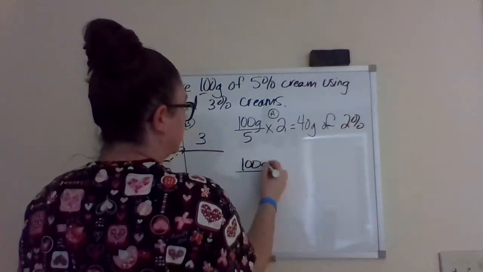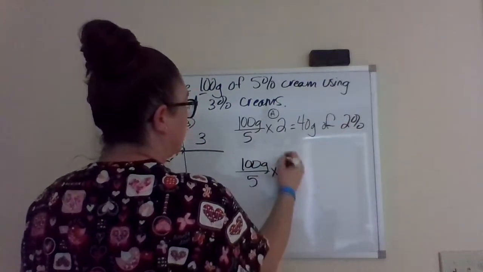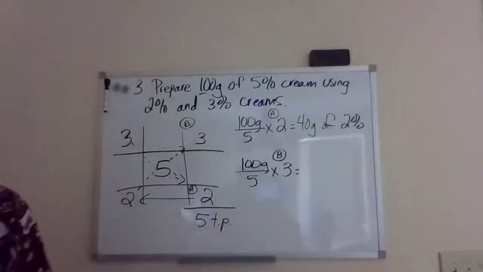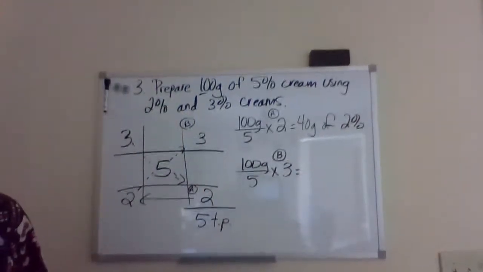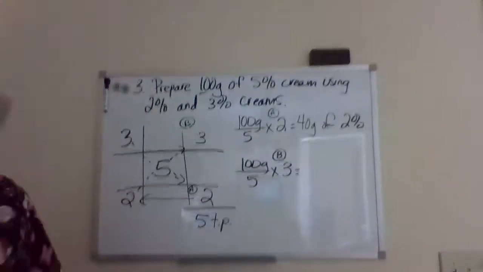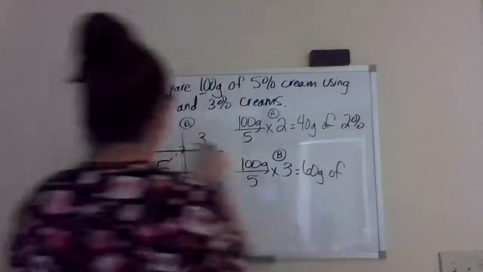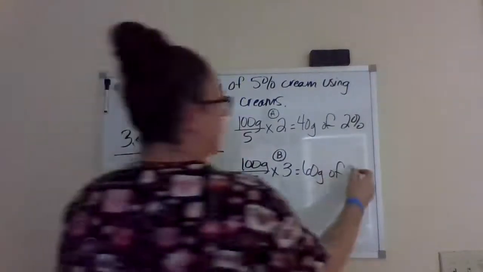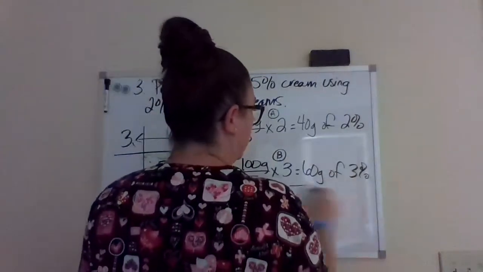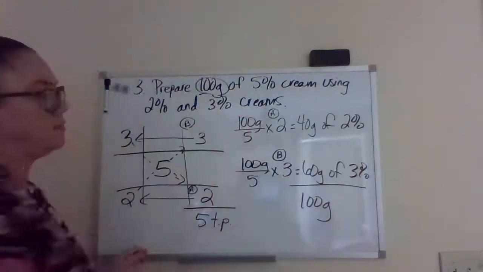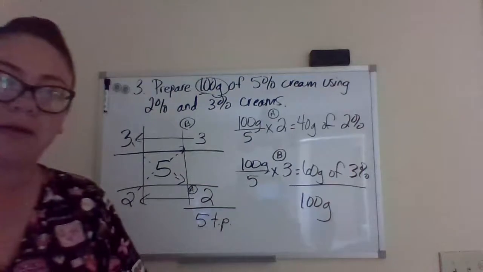Repeat this process, 100 grams over your 5 total parts times B, which is 3. And you get 60 grams of your 3%. Add 60 and 40, and you get the 100 grams that you were trying to make.